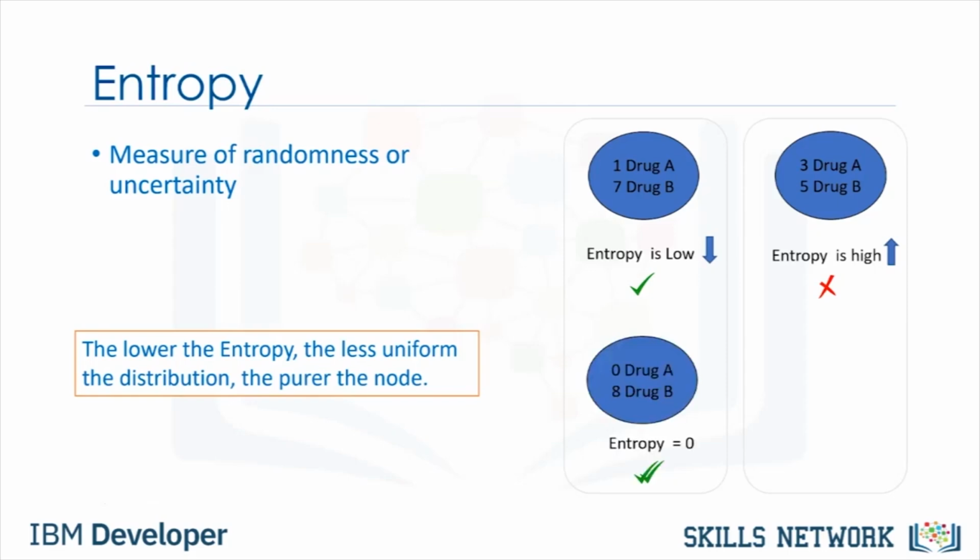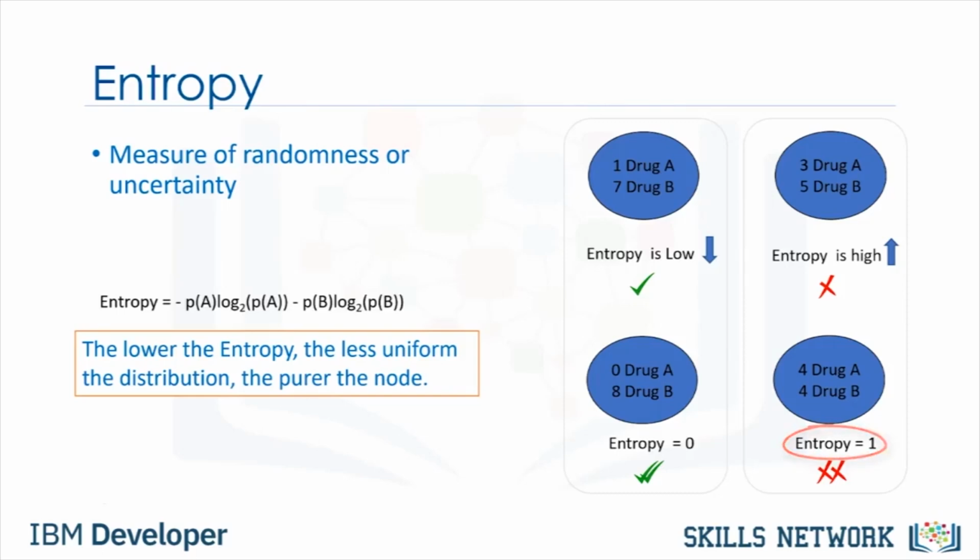If the samples are completely homogeneous, the entropy is 0, and if the samples are equally divided, it has an entropy of 1. This means if all the data in a node are either drug A or drug B, then the entropy is 0. But if half of the data are drug A and the other half are B, then the entropy is 1.